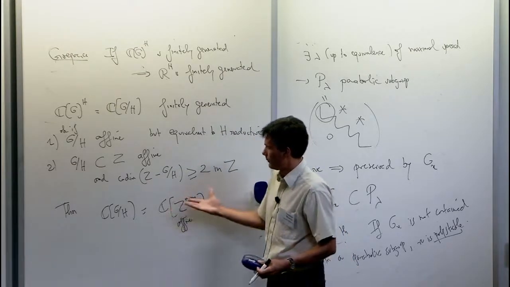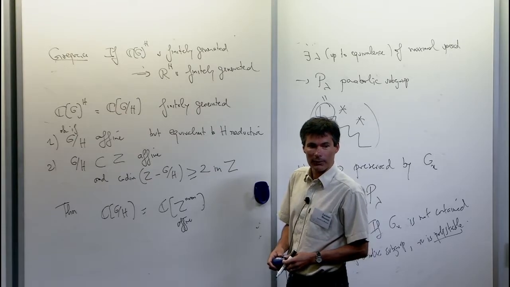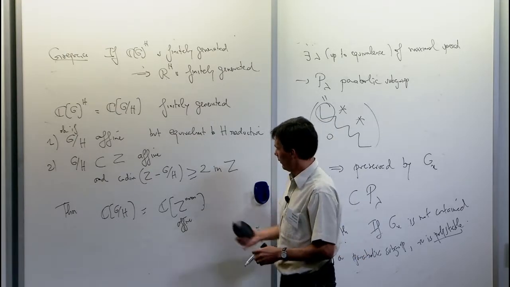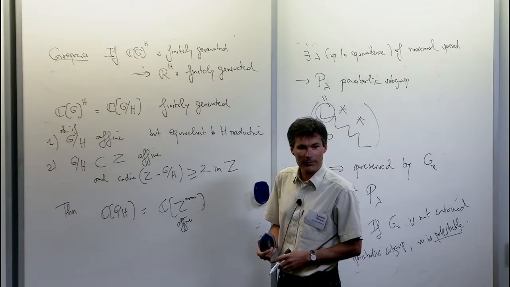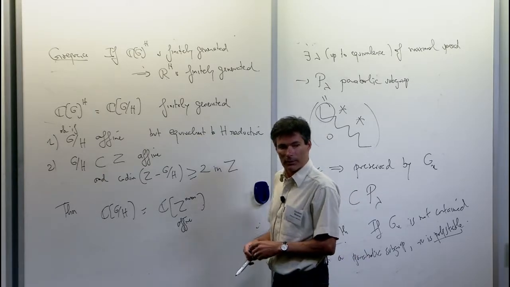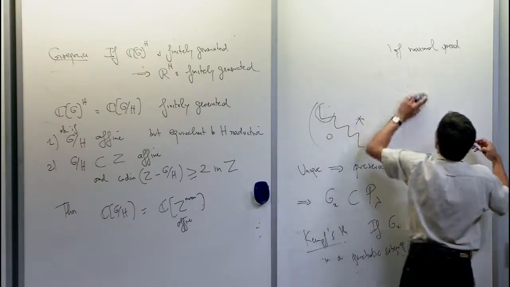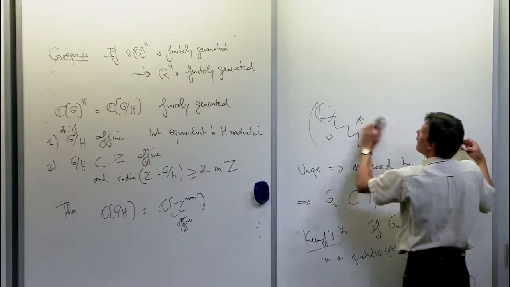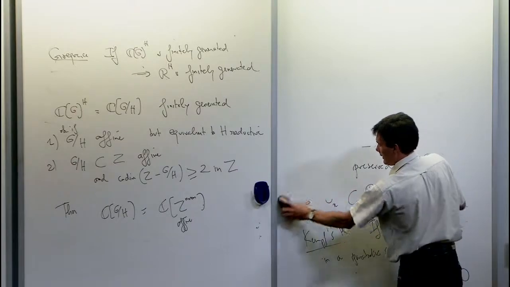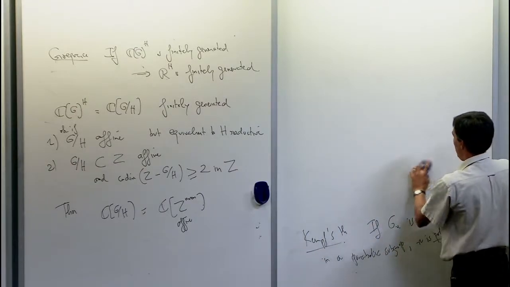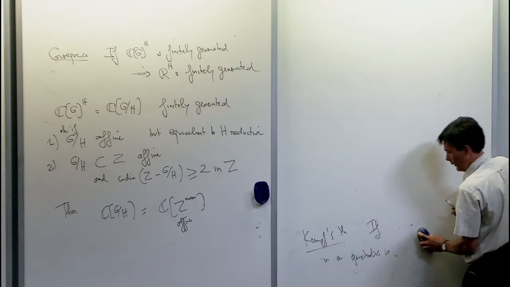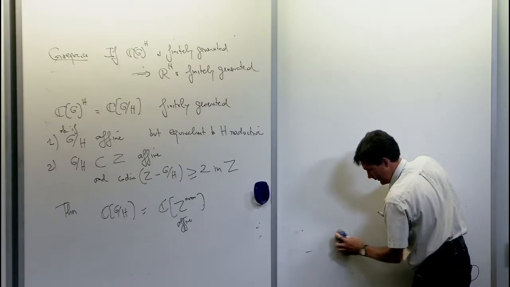So in this case, you have the statement. Klim's question was: what if H is parabolic? If H is parabolic, the variety is projective, and you don't get any invariants.